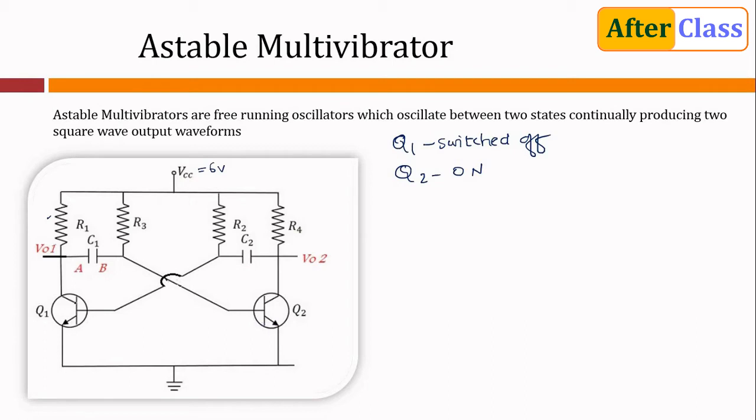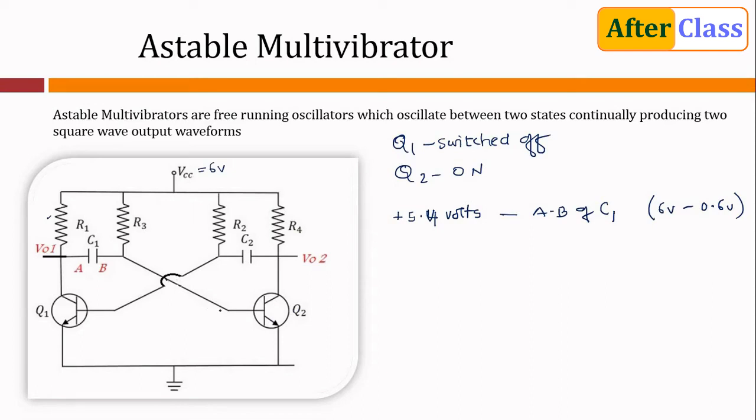This implies that the capacitor C1 has a potential difference of plus 5.4 volts across plates A and B of capacitor C1. So if I travel from point A to B, there is a voltage drop of plus 5.4 volts. And how did I get this value? It is 6 volts minus 0.6 volts at the base of transistor Q2.